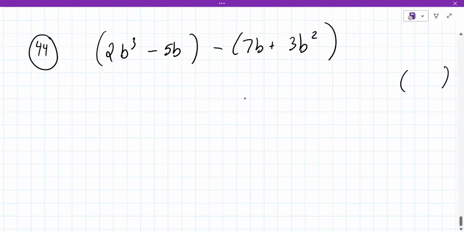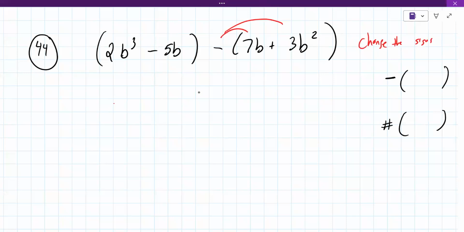You only need parentheses in two situations. One is when you have a negative, and the other is when you have a number in front. This one has a negative here, and that means you distribute that negative to everything inside. You basically change the signs. So this becomes minus 7b minus 3b squared.